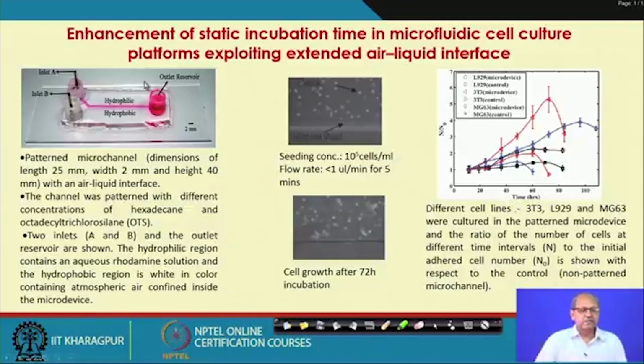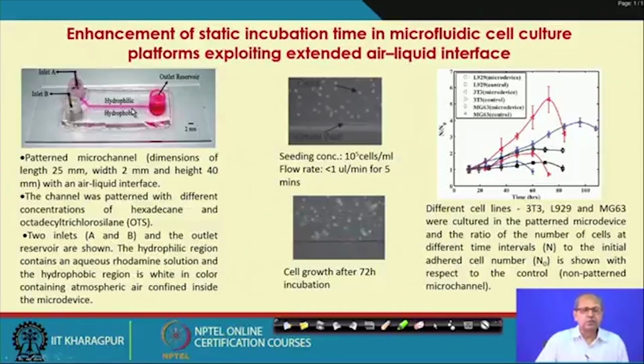Here the principle is that we flush the fluidic channel with a medium of hexadecane and octadecyl trichlorosilane, 2 or 3 times. Then you dry it, then if we pass a hydrophilic solution, like rhodamine here, a virtual channel will be formed, where in one channel air is vacant and air can flow, and in the other channel the hydrophilic solution comes.